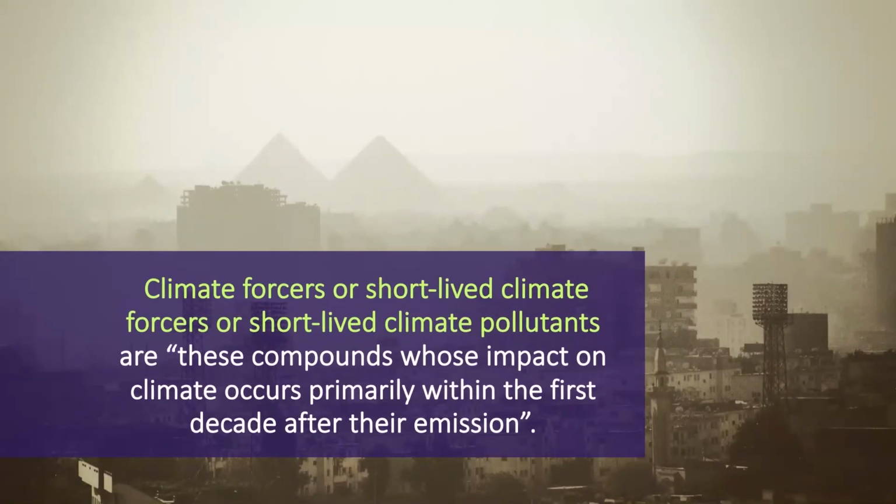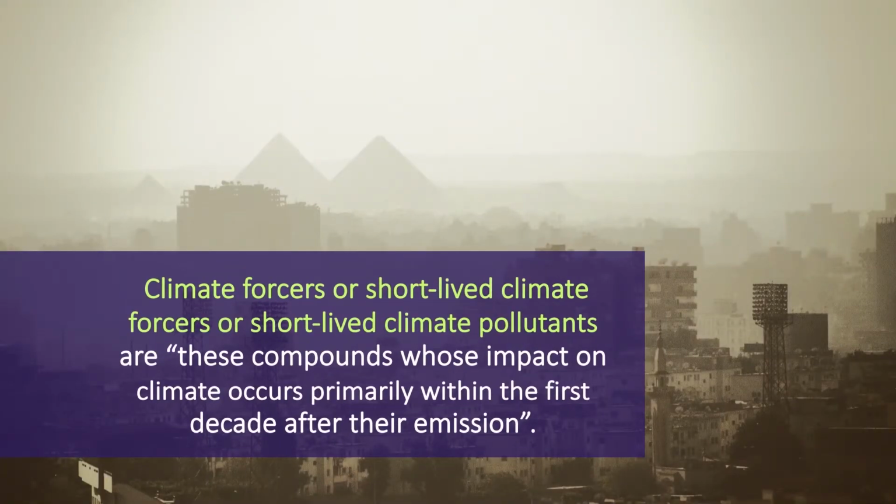The near-term climate forcers are short-lived climate forcers, or they are also called climate pollutants. In fact, they are very short-lived, and these are the compounds whose impact on climate occurs primarily within the first decade after their emissions.